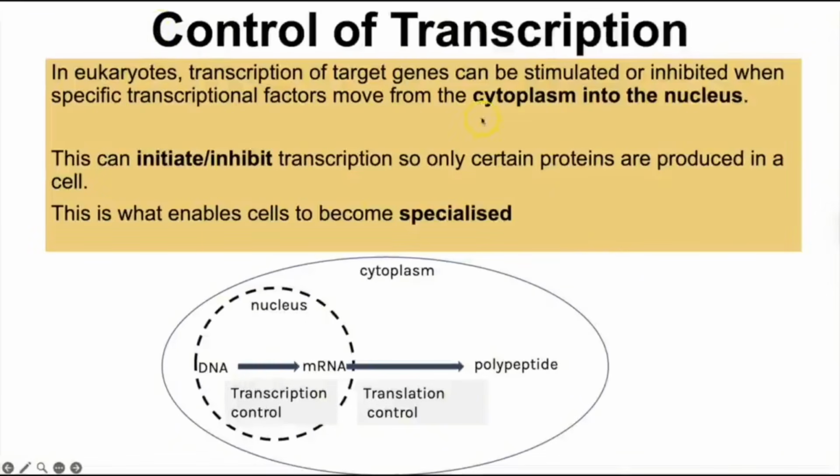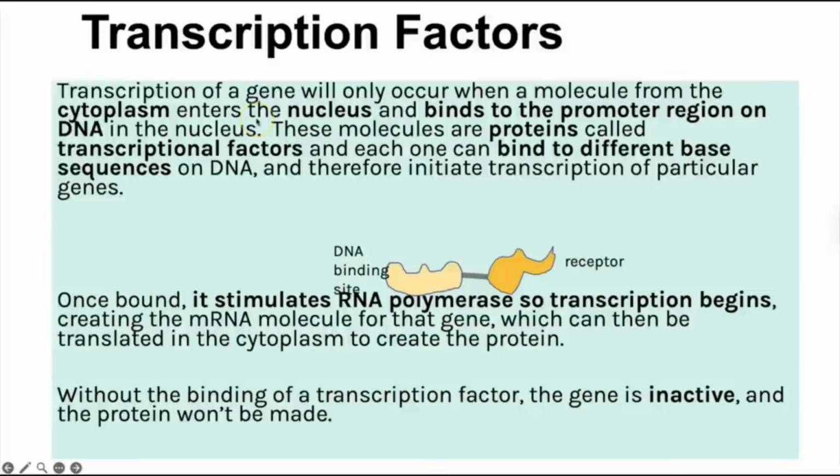So in eukaryotes, transcription of target genes can be stimulated or inhibited using transcriptional factors. And that's what we're going to have a look at. Transcription of a gene will only occur when a molecule from the cytoplasm enters the nucleus and binds specifically to the promoter region on DNA once it's in the nucleus. Those molecules are proteins, and they're called transcriptional factors.